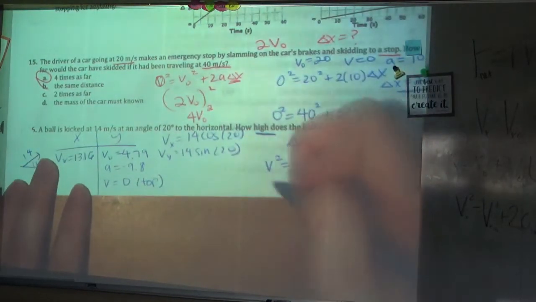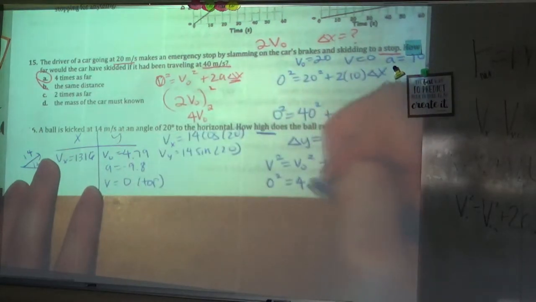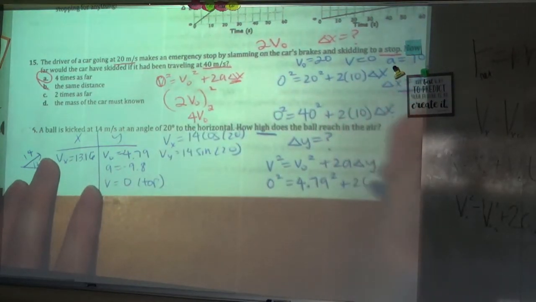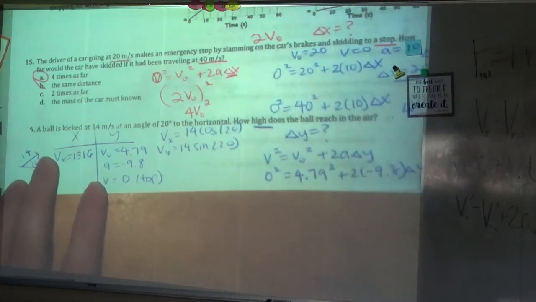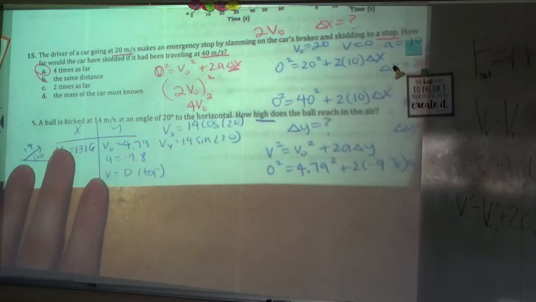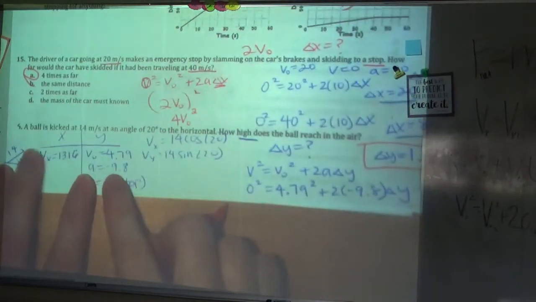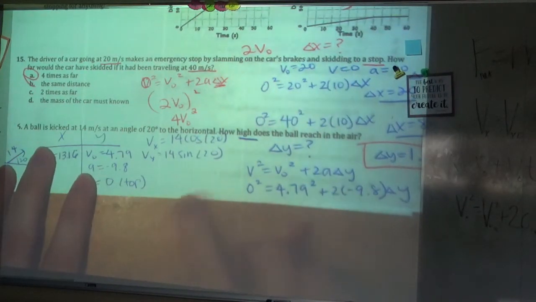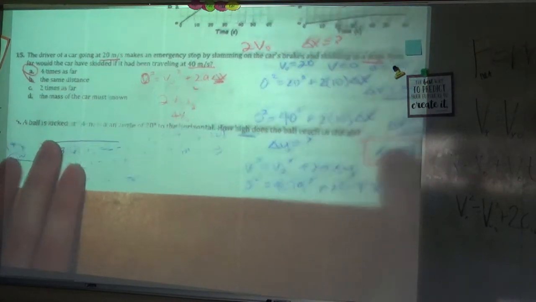Doesn't matter, you get the same answer. 0 squared, make sure you're using your y initial velocity because you broke it up into x and y for a reason. And now you can just rearrange and you would get that your delta y is 1.167. And again, you could plug into the first equation, get t up, and then just plug into the second equation with the t up. You should get the exact same answer.